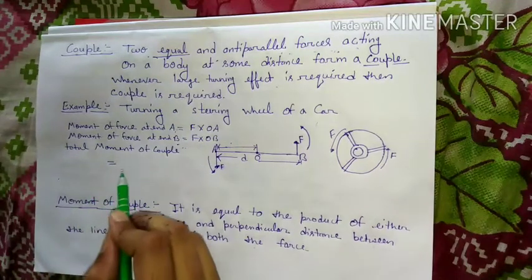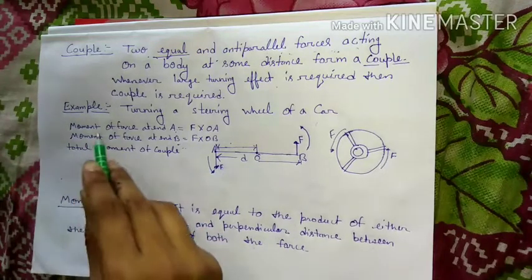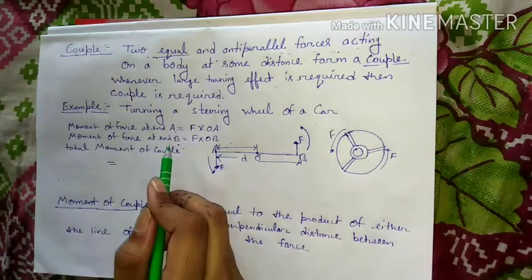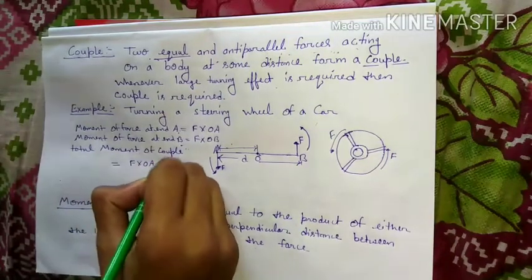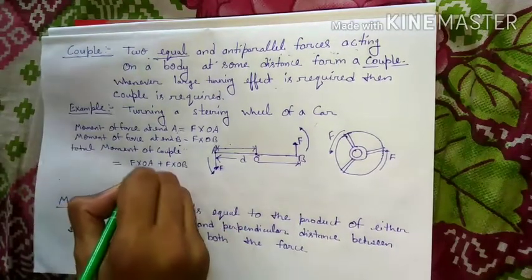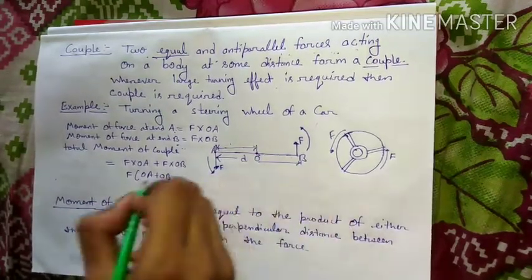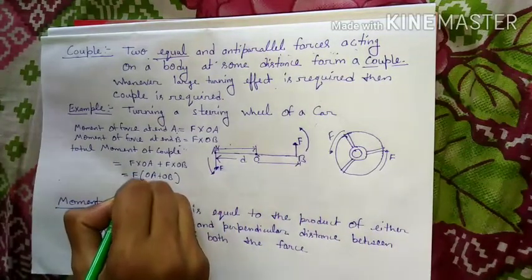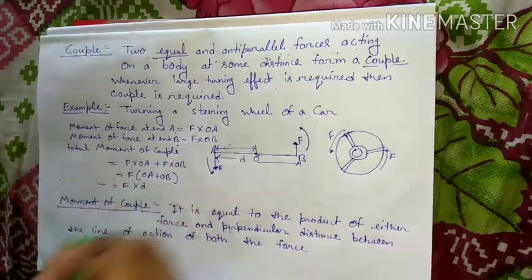Means students, the total moment of couple should be equal to the moment of force at end A and the moment of force at end B. So we can write here F into OA plus F into OB, or we can take F common, then OA plus OB, and OA plus OB will equal the total distance D. So we can write here F into D. This will equal the moment of couple.